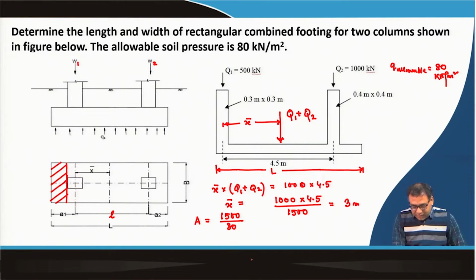So, that is your required area of foundation, and that is 18.75 meter square. Here no factor of safety is required, because the allowable bearing pressure is directly given. It is not the ultimate bearing pressure. That means both settlement and bearing cases are considered. It is the allowable bearing pressure.